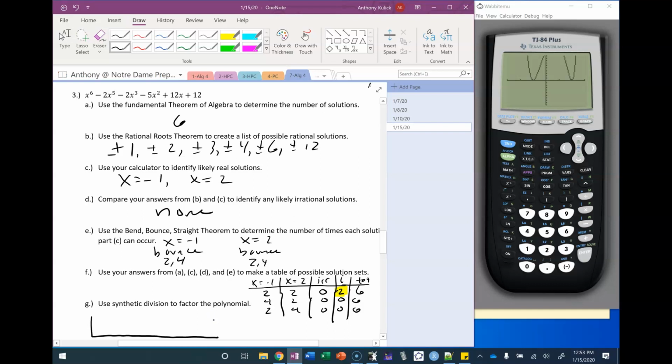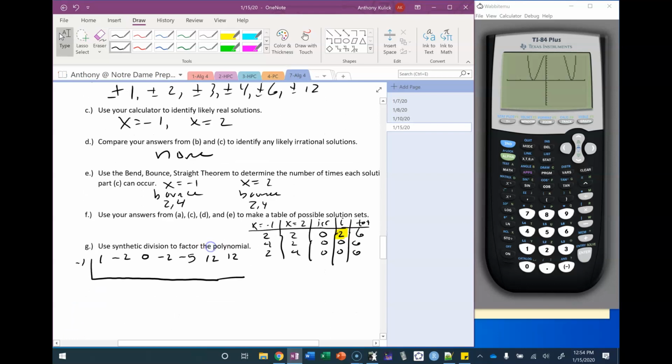All right. So I'm going to start my synthetic division here. This one you have to be a little bit careful. Notice that we go from x to the 6th, to the 5th, to the 3rd. So got to make sure you include your 0 in there. I'm guessing that I caught a lot of you snoozing on that and forgot to write down your 0.